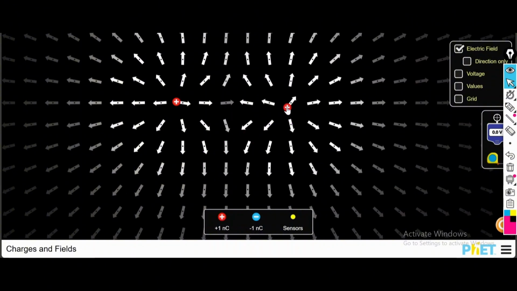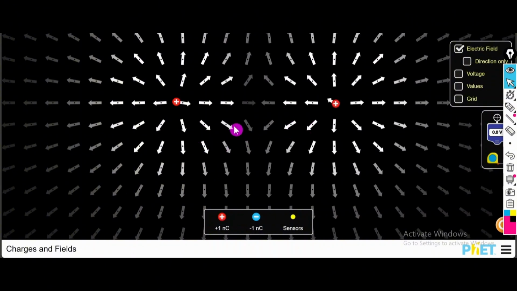Now these are the electric field lines around it, and the field lines are moving away from both positive charges.